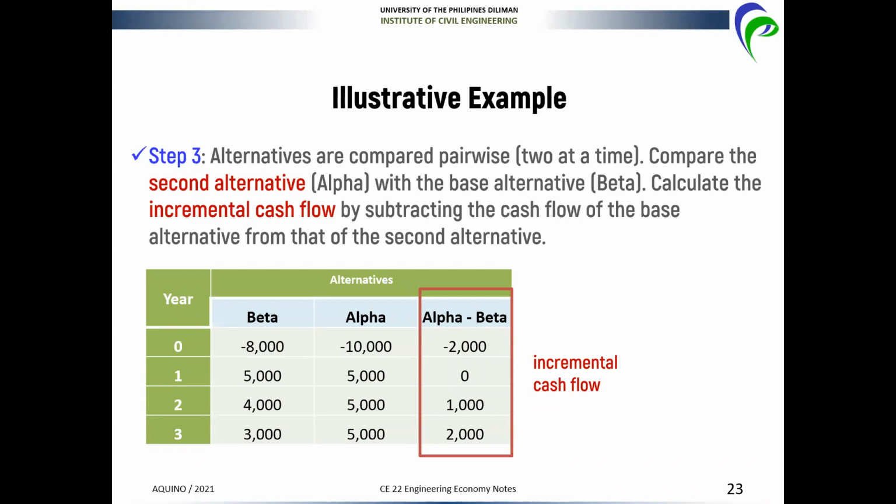We will have to invest an additional 2,000 more. And then, yung incremental cash flow natin for the succeeding 3 years are 0, 1,000, and 2,000 respectively.